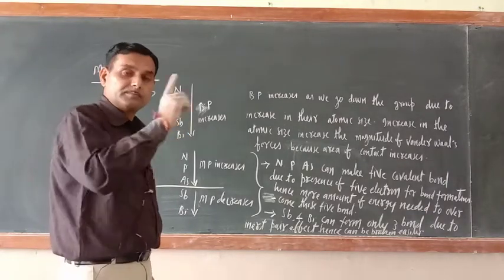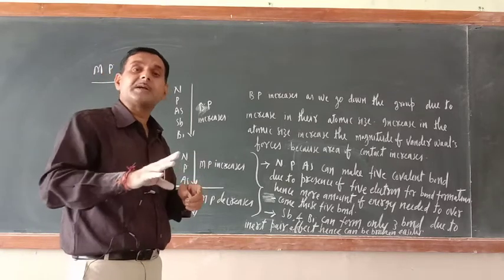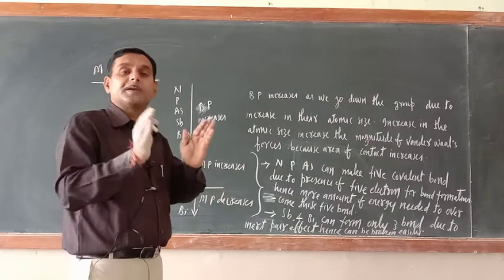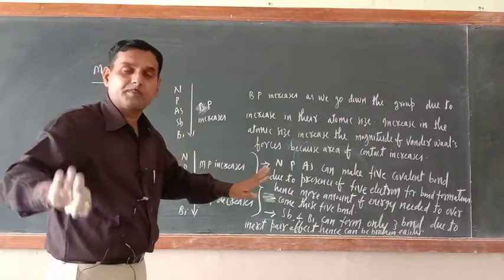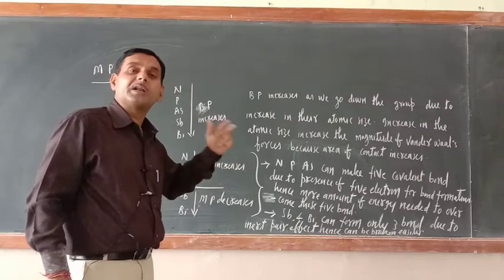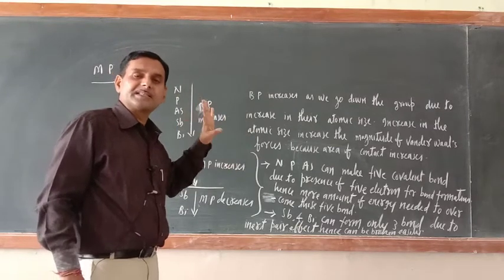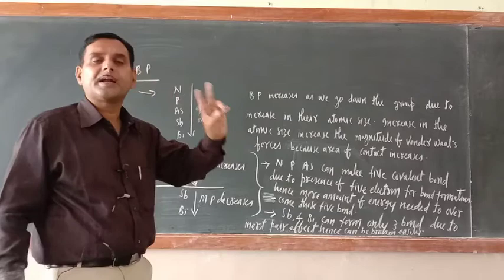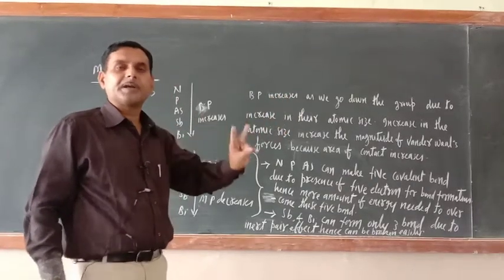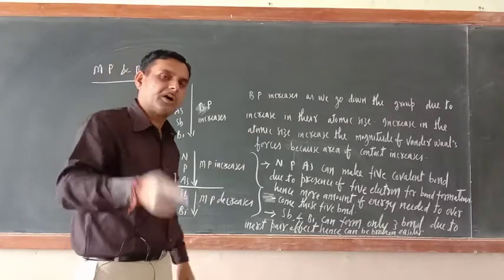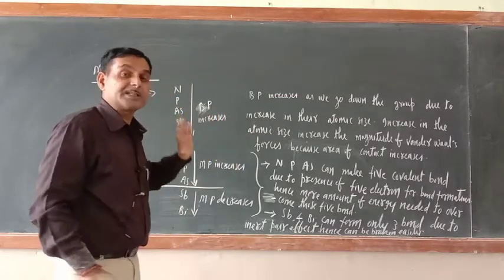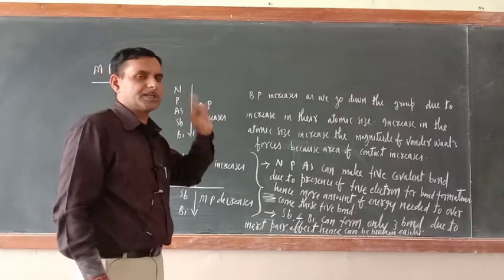Melting point depends upon interparticle attractive force too, because if the force of attraction is not broken, then the particular compound or element will not melt. So we can say that melting point and boiling point depend upon interparticle attractive force. If interparticle attractive force is strong, then melting point and boiling point will be more. Okay, this is basic.